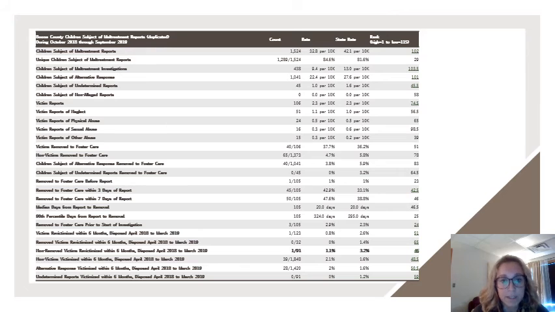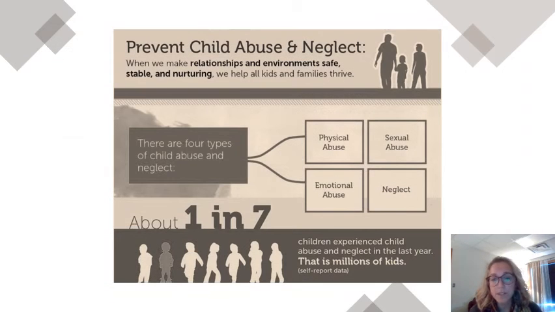Now, what can we do when we look at these numbers? How can we make a difference? First, we have to have a good understanding of what child abuse and neglect is, and not only understand it, but be able to recognize it.